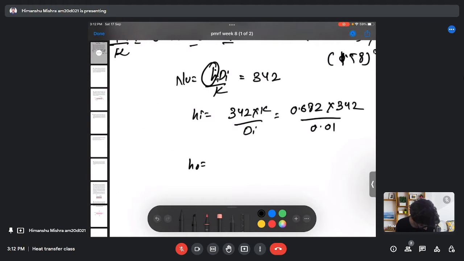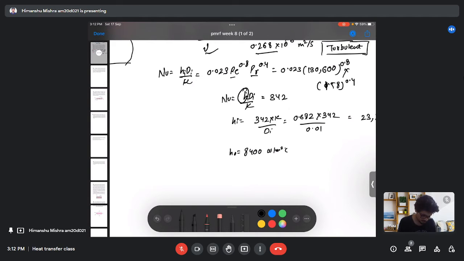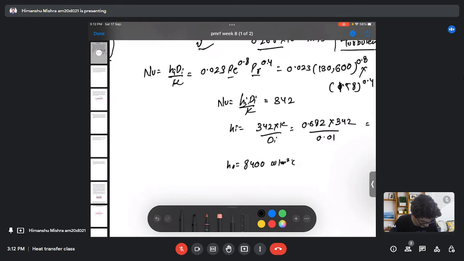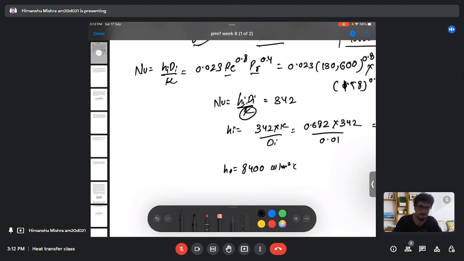8,400. So one thing that you need to take care is here I have used the thermal conductivity of the fluid.